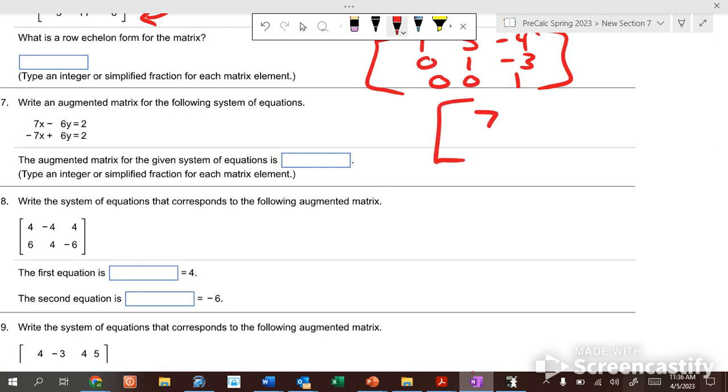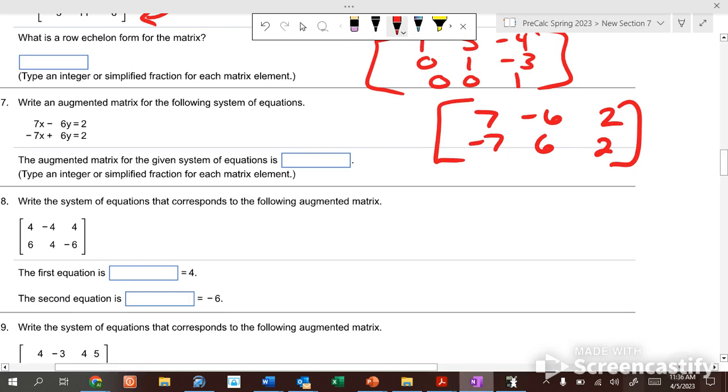So if we have 7, negative 6, 2, negative 7, 6, 2. If I add these two rows first, I'm going to get 7, negative 6, 2, and then I'm going to get 0, 0, 4.